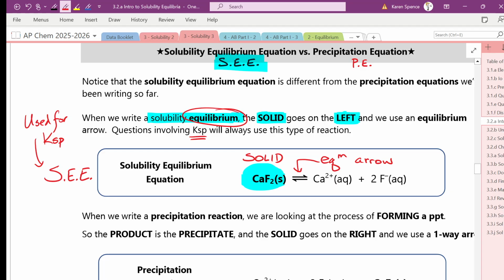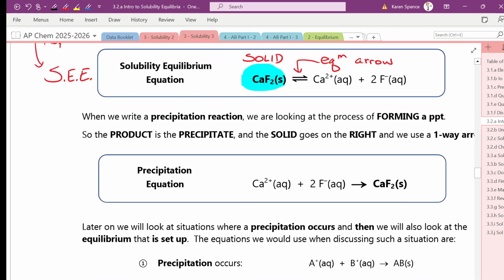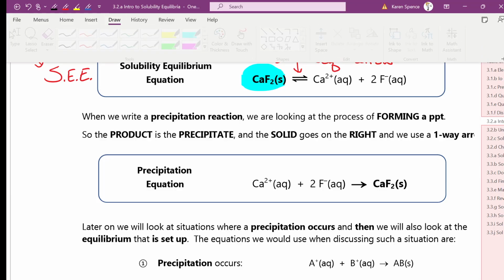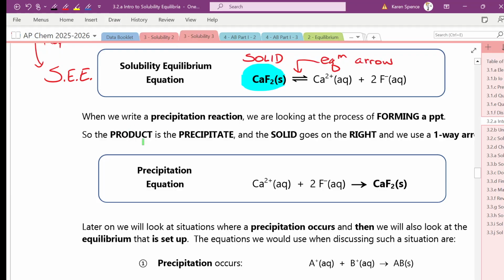Now, if we are going to write a precipitation reaction, like a double replacement reaction where we get a precipitate, is the precipitate a reactant or a product? It's a product. So we should be writing the precipitate as a product, yeah? So in a precipitation reaction, we're forming a precipitate. So the product is the precipitate.